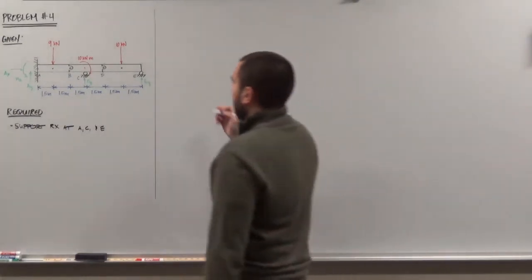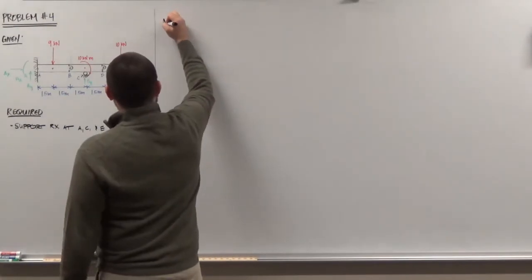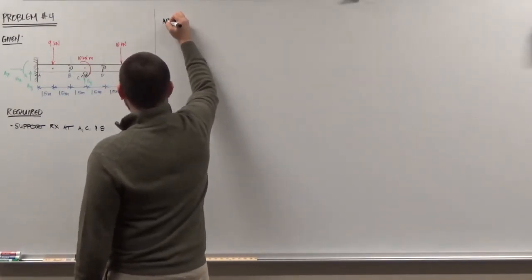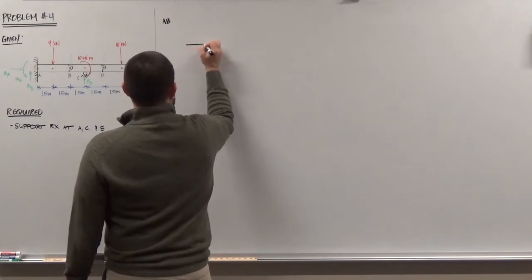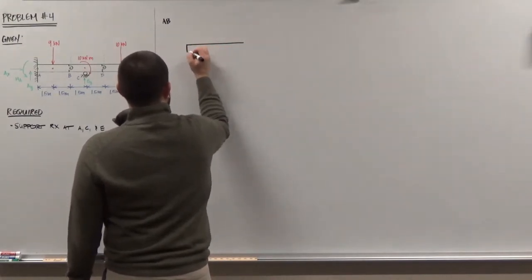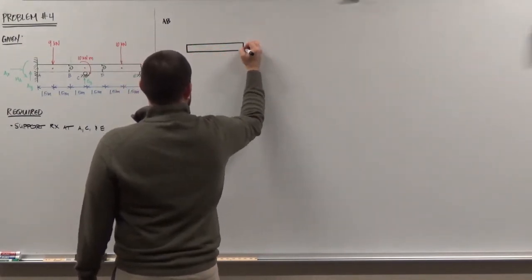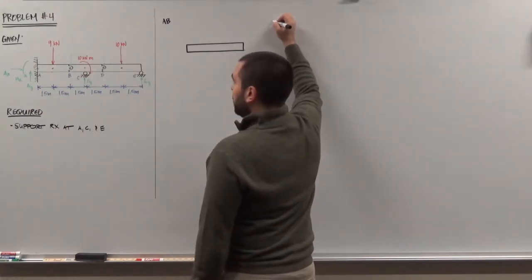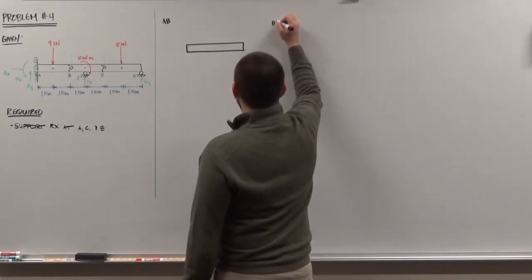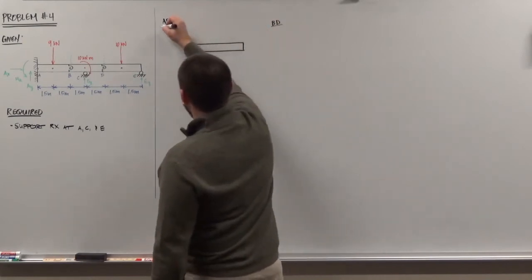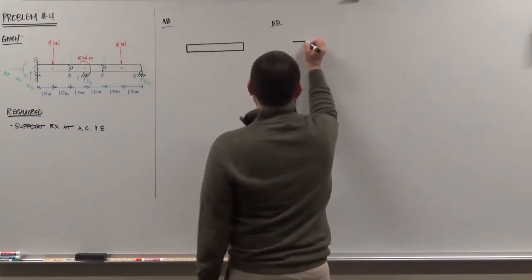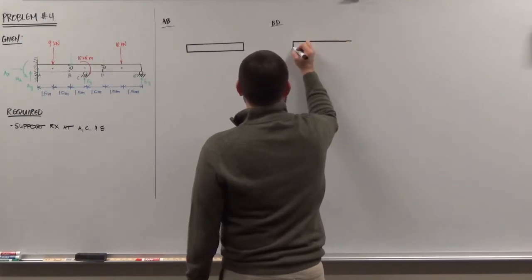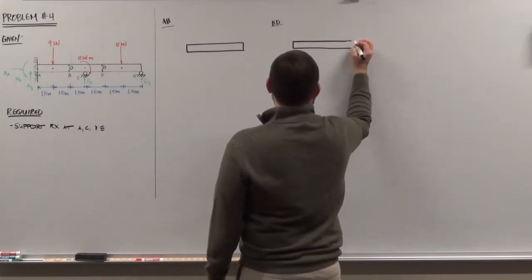And so here we've got section AB, and we've got a horizontal beam. And I might as well just draw that out for each of these so I can plan out my room. We've got B, D. Again, all of these are just horizontal beams, so it's relatively straightforward to do the outline.